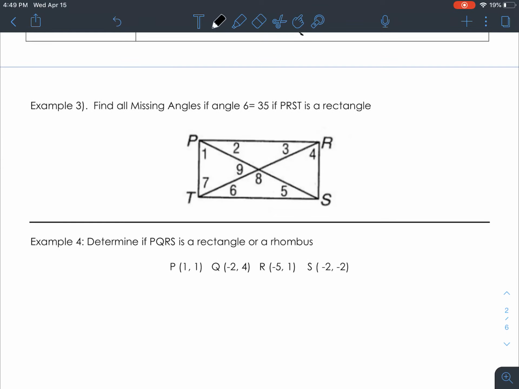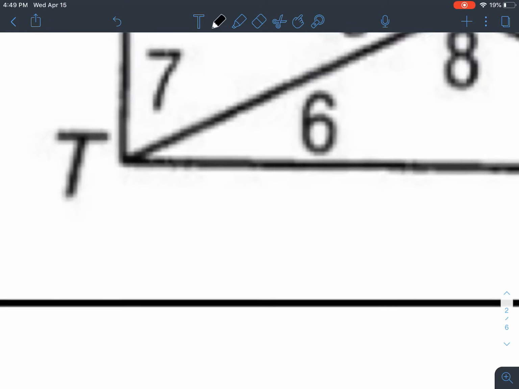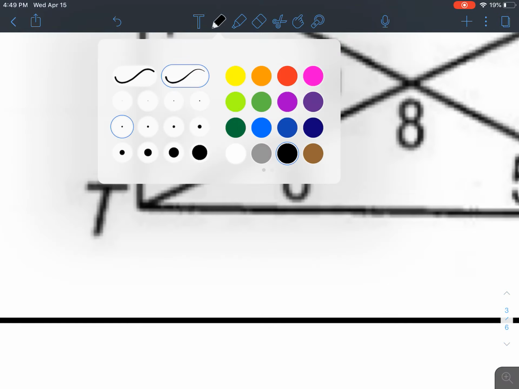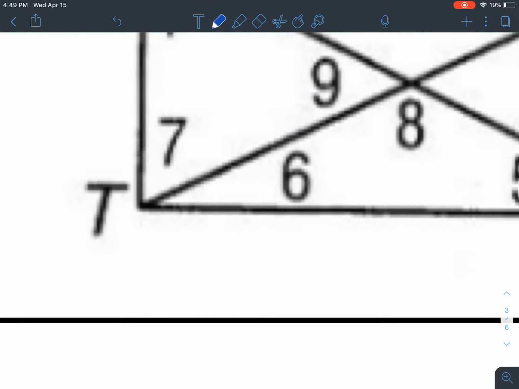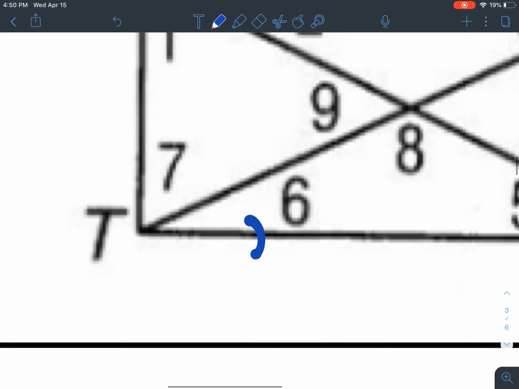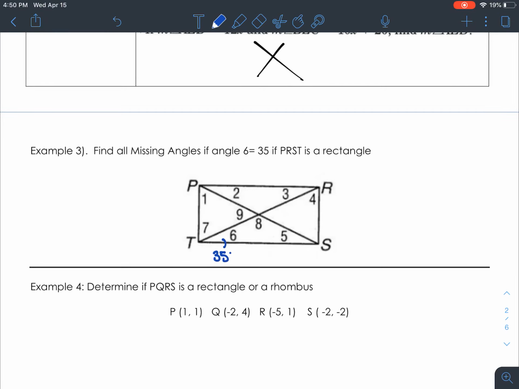So our next one, I really like doing this one so that students can kind of problem solve on their own. If we look at this example, we're given that angle 6, and I'm going to do this in a different color, angle 6 is 35 degrees. What we need to do is fill in all the other angles, okay?